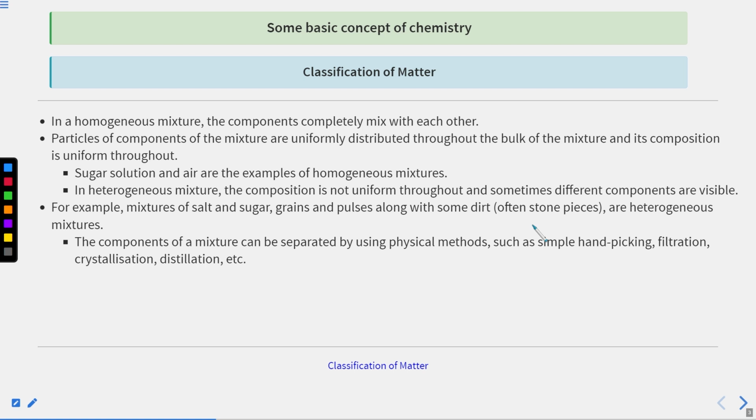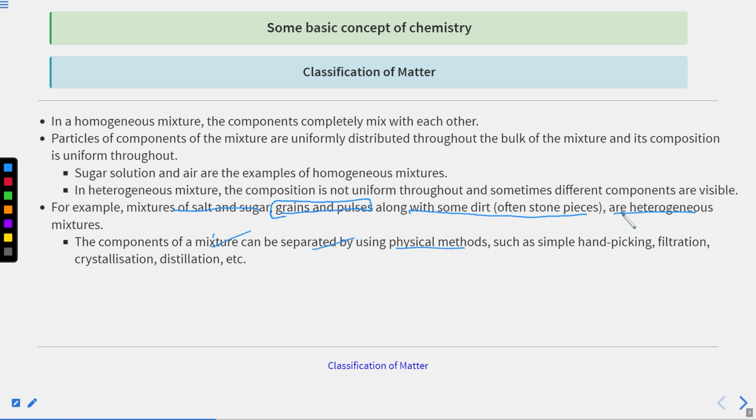Okay, got it? So for example, a mixture of salt and sugar, or grains and pulses. If you take a mixture of grains and pulses, that would also be visible, along with some dirt and stones. These are heterogeneous mixtures.